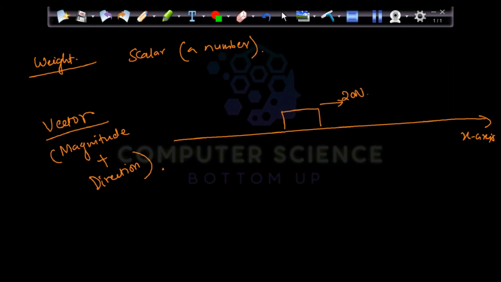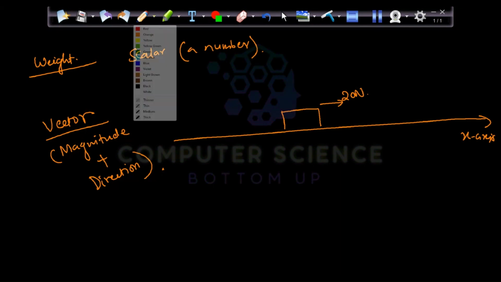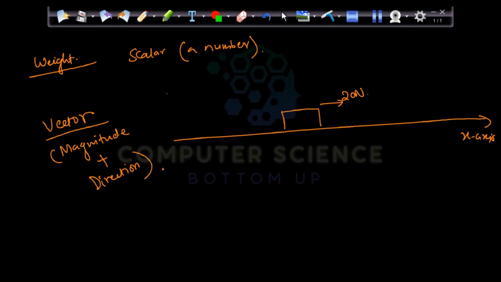So we always not only say the magnitude part of the force, which is 20 here, but we also say along with 20 that it is a 20 Newton force in the positive x-axis or in the right direction. If it is just one dimensional, then it is in the right direction or in the left direction.